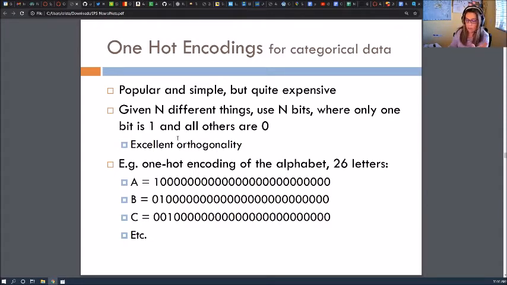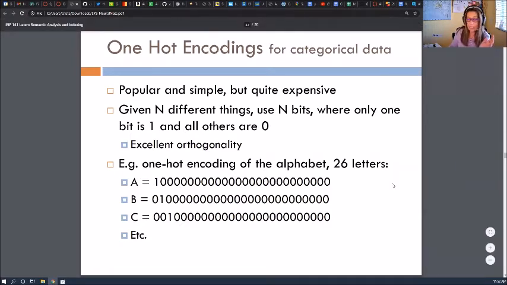For example, if you have the 26 letters of the alphabet and you wanted to encode just lowercase text, then you could say, I have inputs of size 26, and the A is this vector over here, where the first one is a 1, the B is this vector, where the second one is a 1, the C is this one, etc. This is very simple.